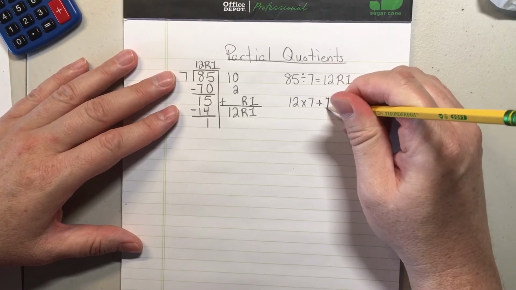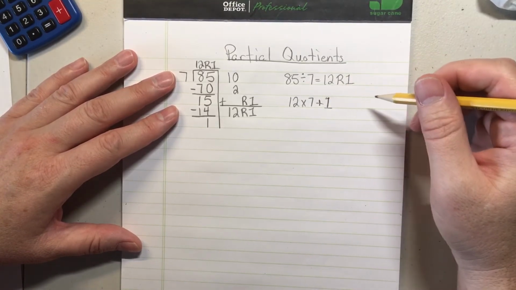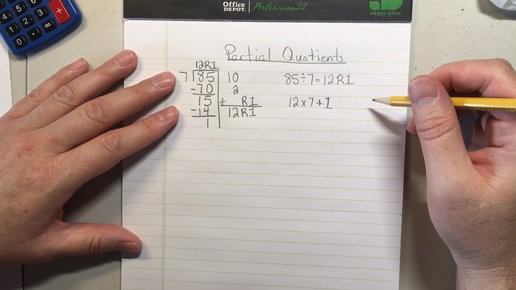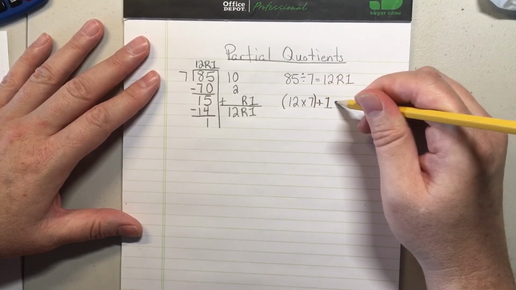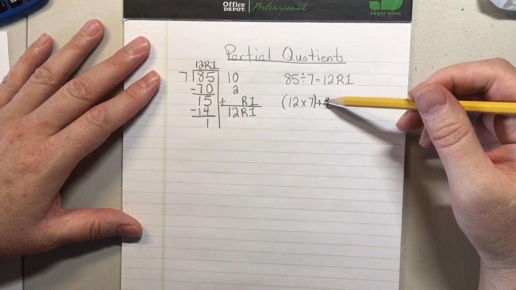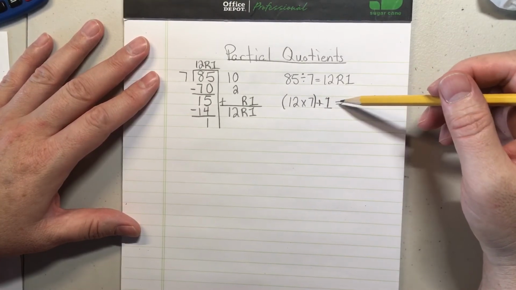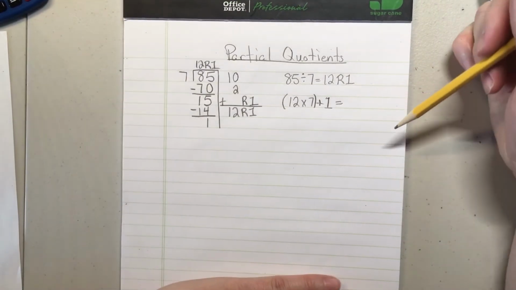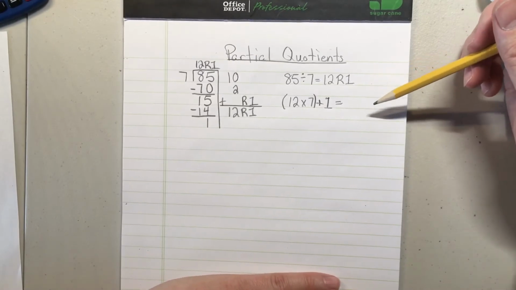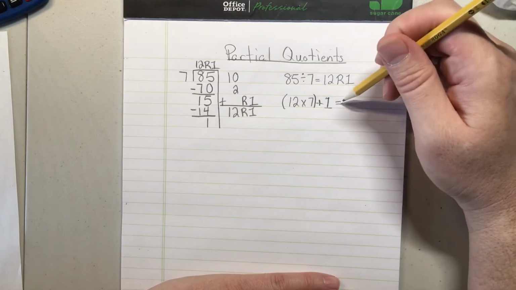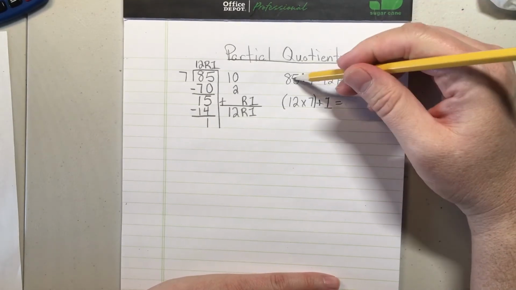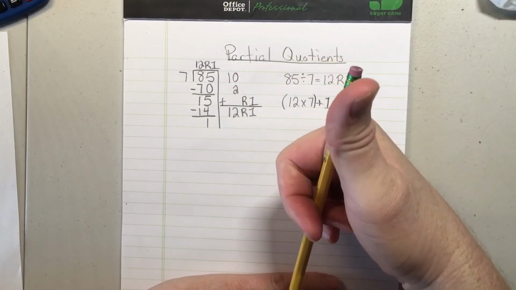This is called multiple operations. It's a little bit more advanced, obviously, for my third graders, but this is showing what the inverse operation is. If this equals 85, then we're good.